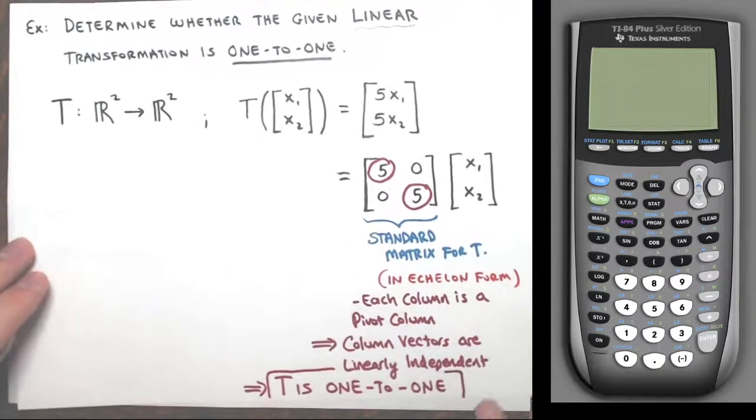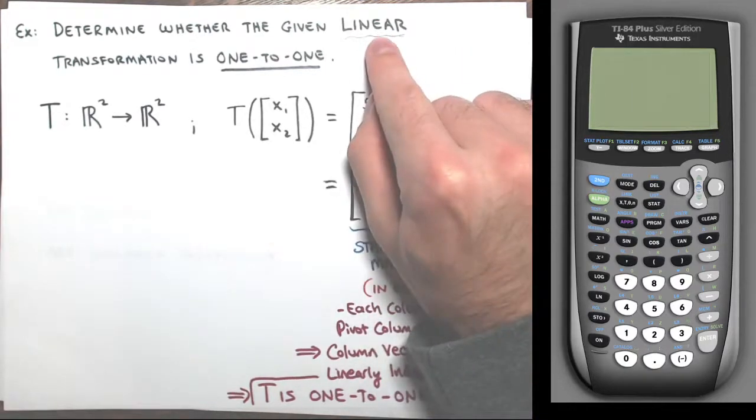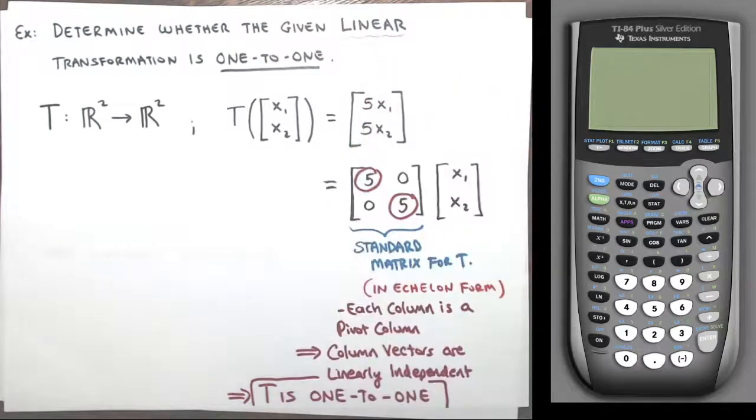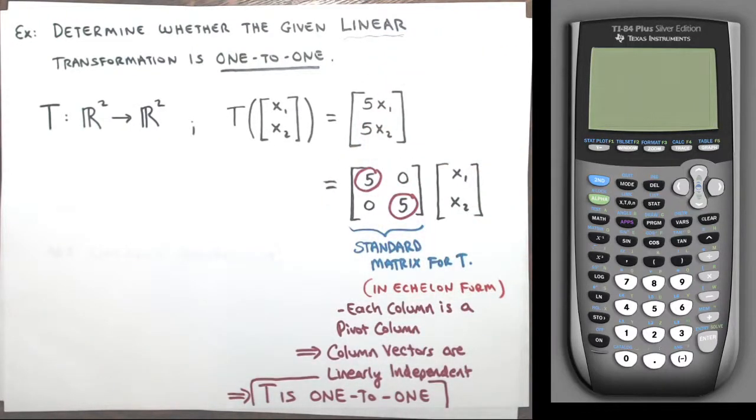And this is what we showed already. I saw this example before, and we showed it was 1 to 1 the other way. Well, here's just an alternate way to show that it's 1 to 1. Now be careful, you can only do this with linear transformations. Only linear transformations can be written as a matrix transformation.